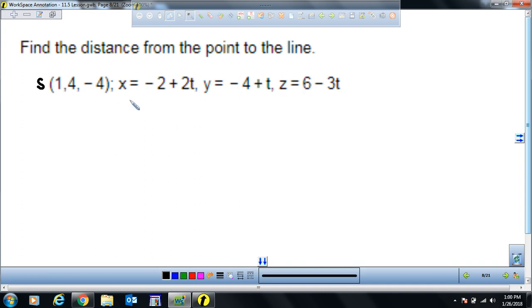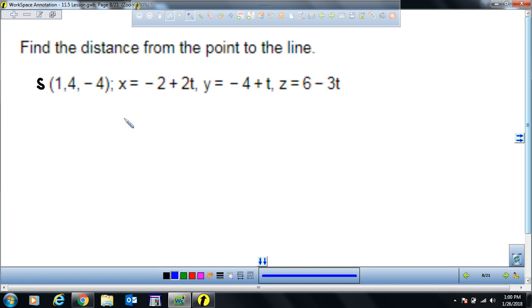I need to find two things: one point that is on this line and a vector that is parallel to this line. To find a point on this line, all I have to do is substitute some value of t into the equations for x, y, and z to find just some specific point on that line. It can be whichever point.